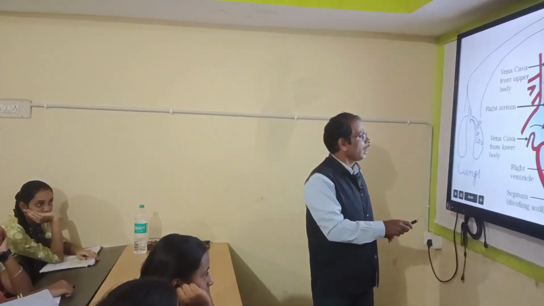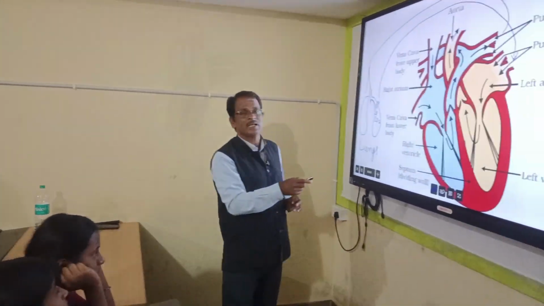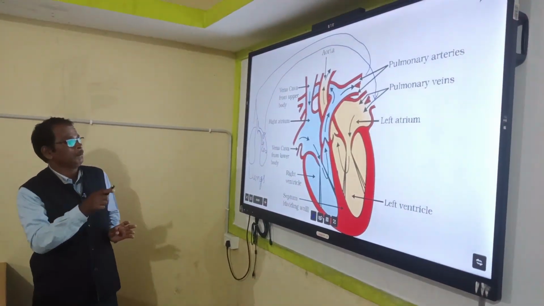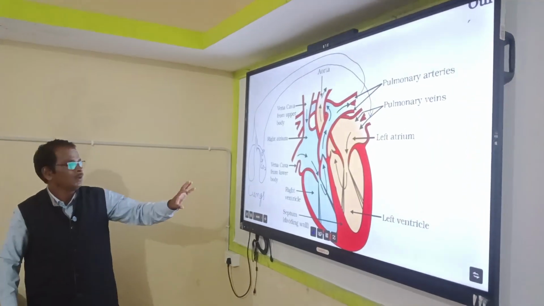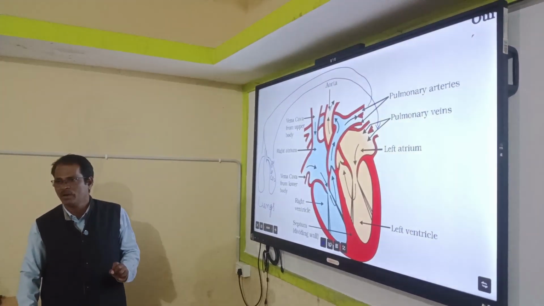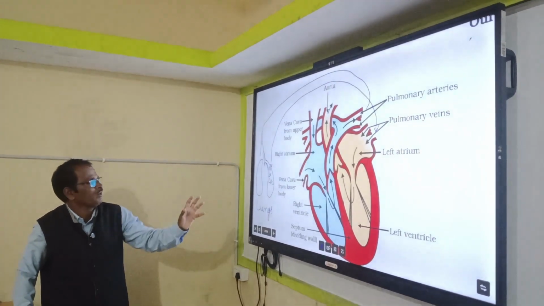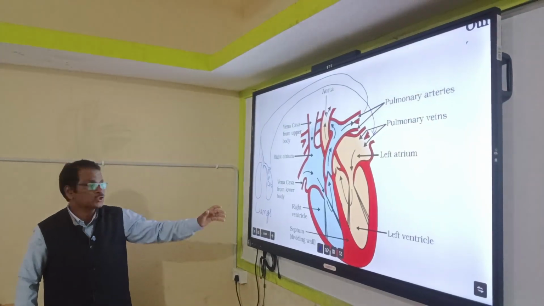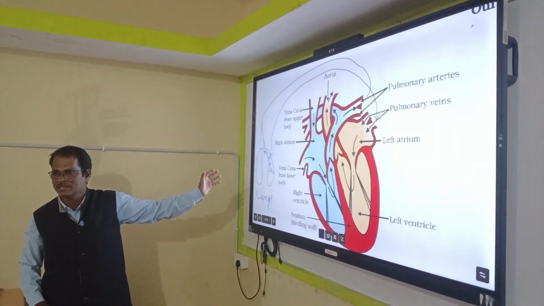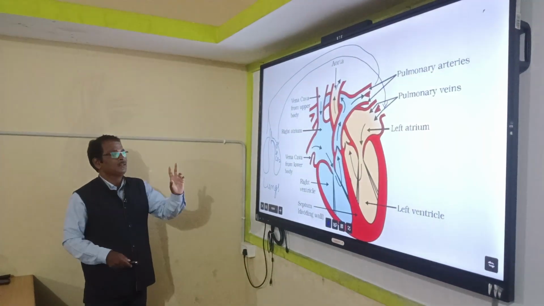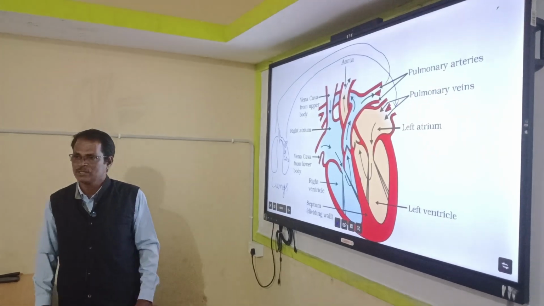This is all about the main functioning of the heart, and how the blood is moving from the left ventricle to all parts of the body, and how the blood is moving from the right ventricle to the lungs for purification. So here two circulation processes take place.